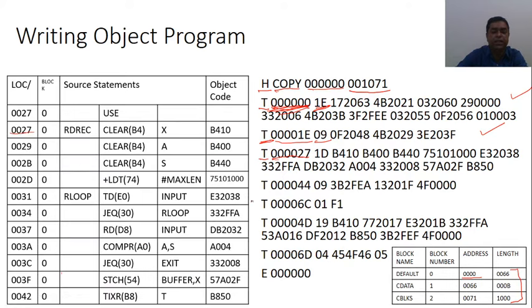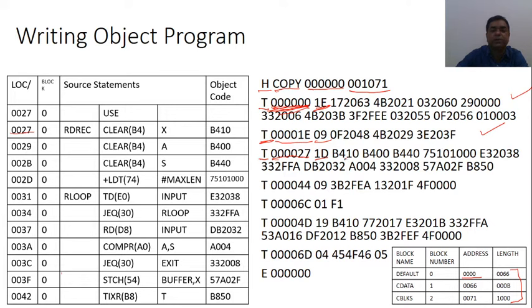That means we take until the 29th byte, and the size of this text record will be 1D, because 29 in hexadecimal is 1D.